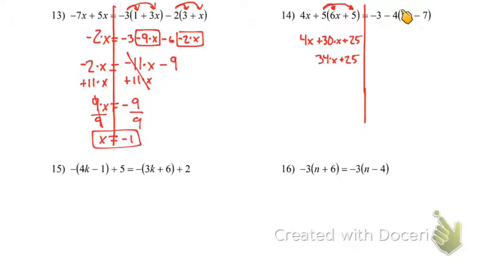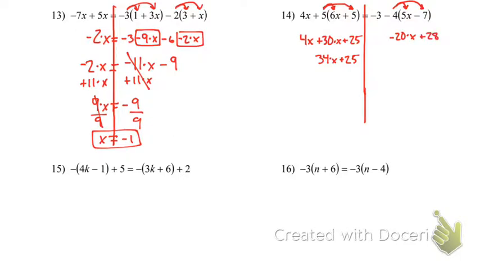We have distributive property here, so we're going to distribute the negative 4. Okay, this gives me negative 28. I'm sorry, negative 20x. And then the negative 4 times negative 7 is positive 28.